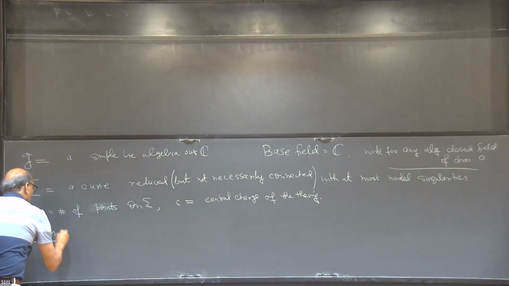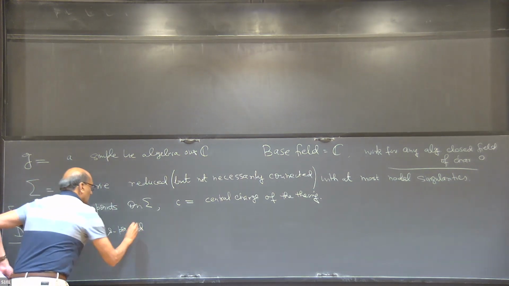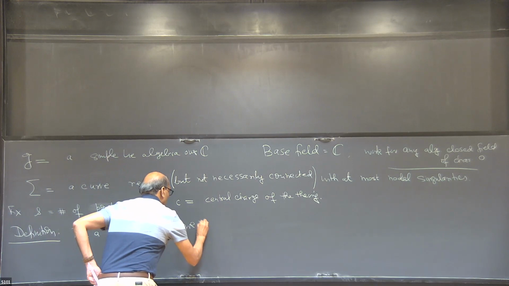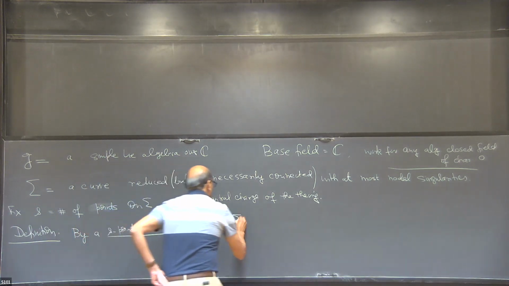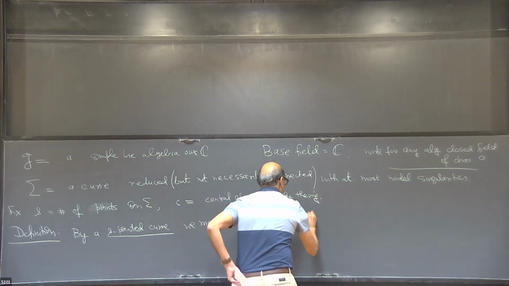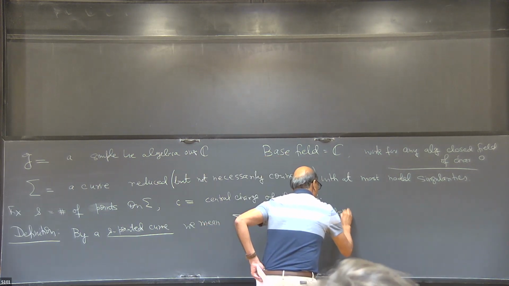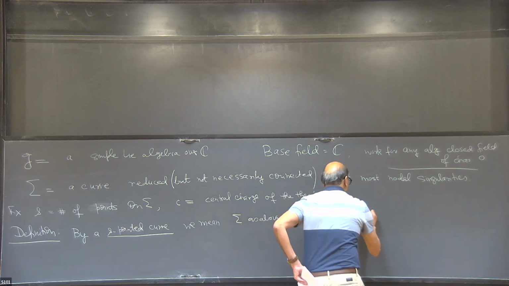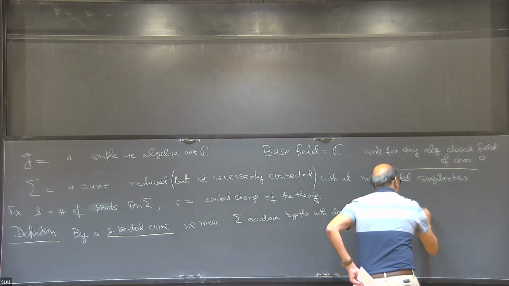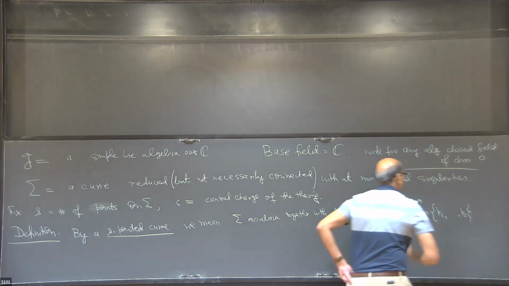Okay, so by an S-pointed curve we mean sigma, an algebraic curve, together with distinct and smooth points P1 through PS in sigma.